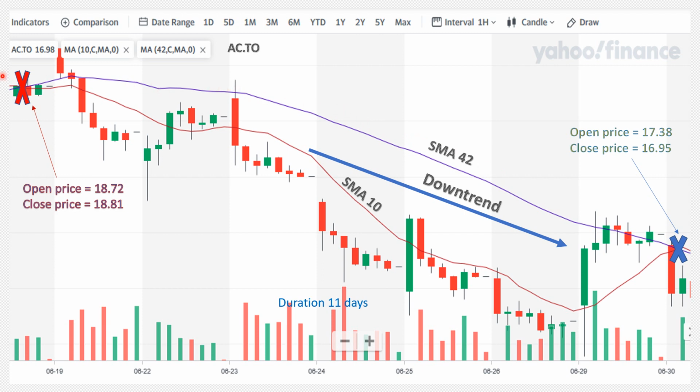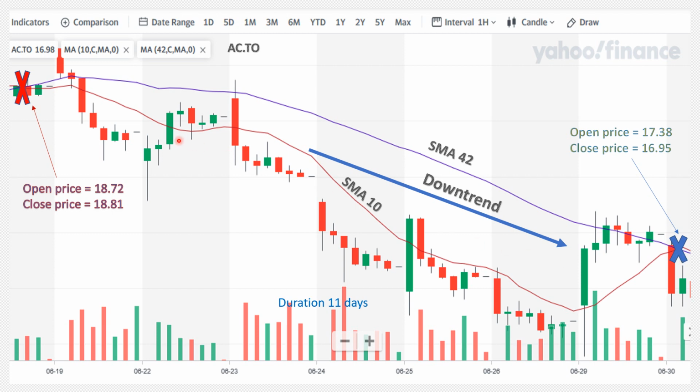The last condition is the smaller moving average, SMA 10, crosses the longer moving average, SMA 42, while going downward. It is true. This is the point that you have to exit the market, and you should not buy share until these two moving average again meet each other, crosses at this point. Then at this point you have to enter the market again.